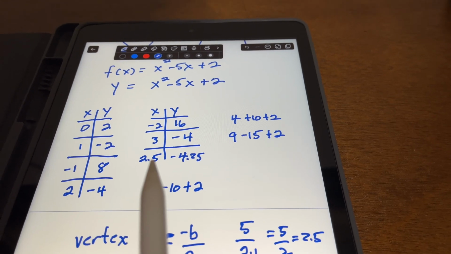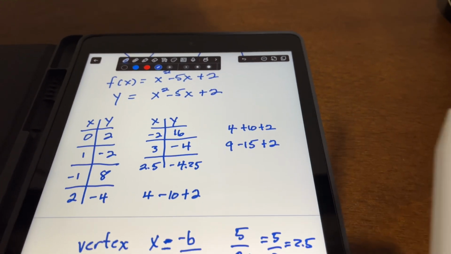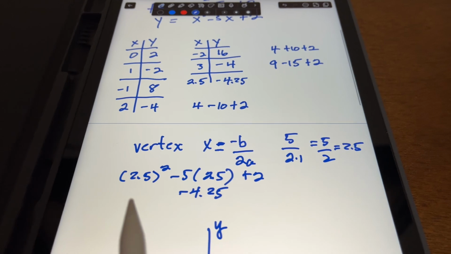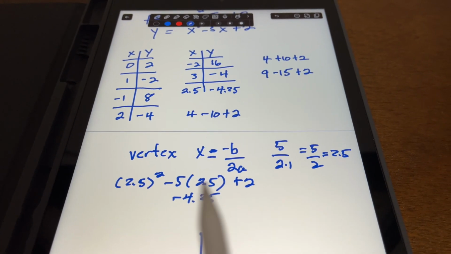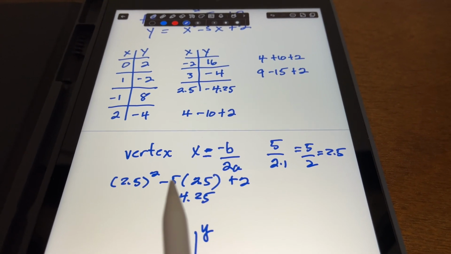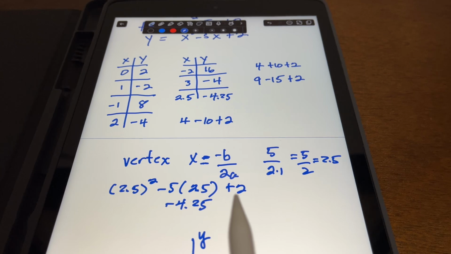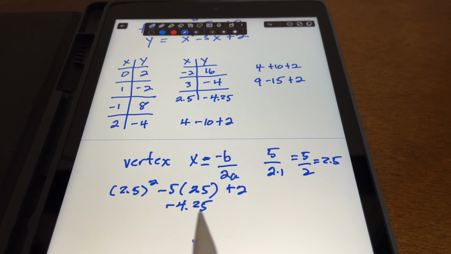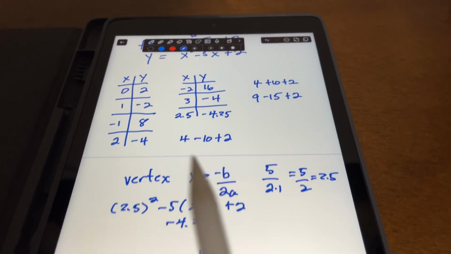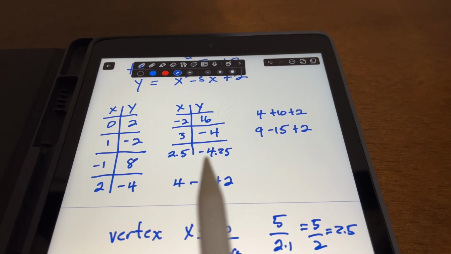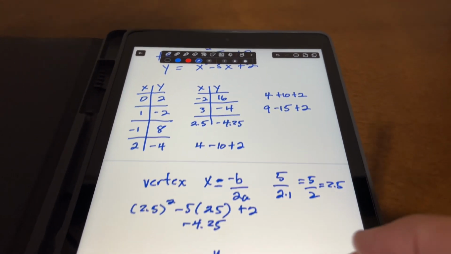Now, if you take this and you substitute it in there, it's going to look like this. So 2.5 squared, negative 5 times 2.5 plus 2 ends up being negative 4.25. So that's where this point came from. So that is the vertex.